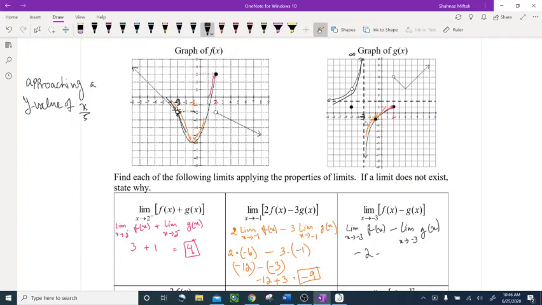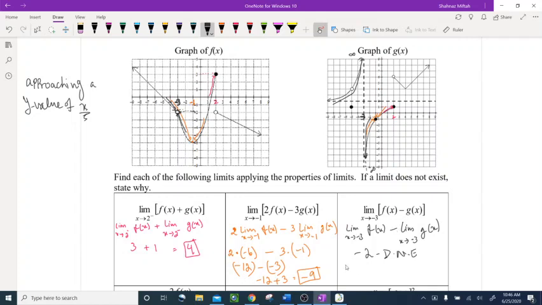And if I pick the right side, I'm approaching -3 from the right. The graph is going, and I have these arrows, which means it's continuously going in this direction, which is negative infinity. When you have positive infinity and negative infinity, that means it does not exist. So I'm just gonna write here does not exist. If that's the case, then the whole function does not exist.